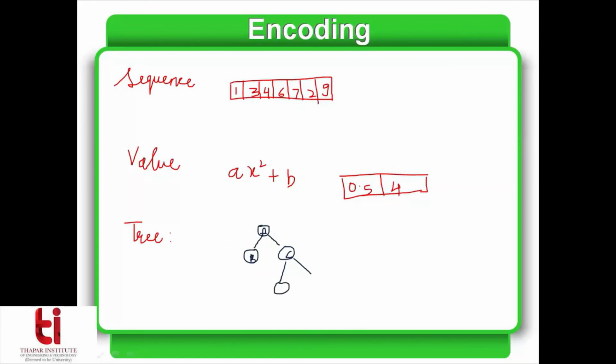So let's say I have this binary tree structure which is of this form.